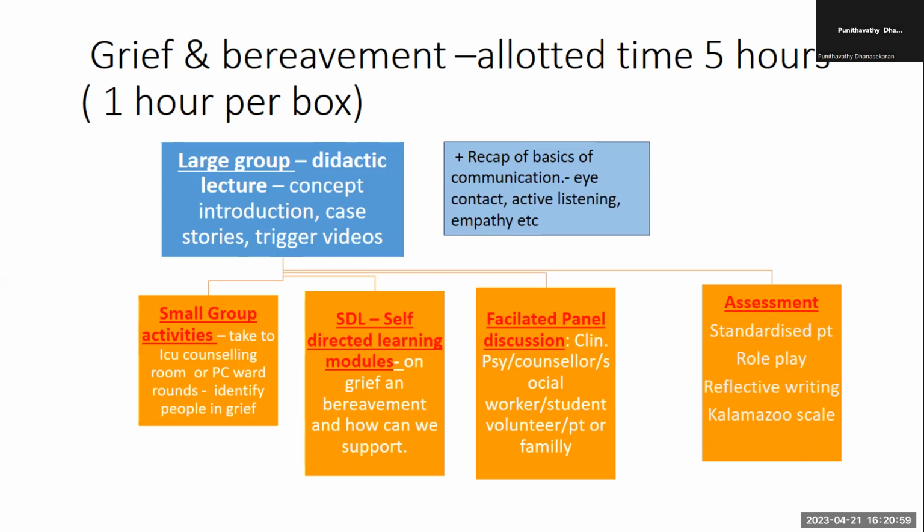That can be done in batches, but I'm not sure how we can fit it in. If we divide 150 students into 5 batches, they have to come at different times to the palliative care ward or the ICU counseling rooms to see how bad news is broken or how the cycle of grief can be seen.